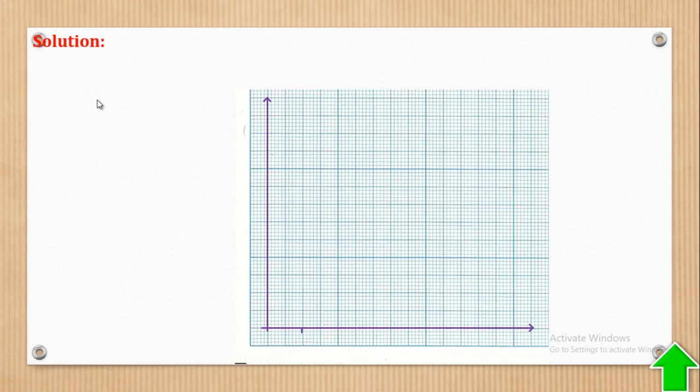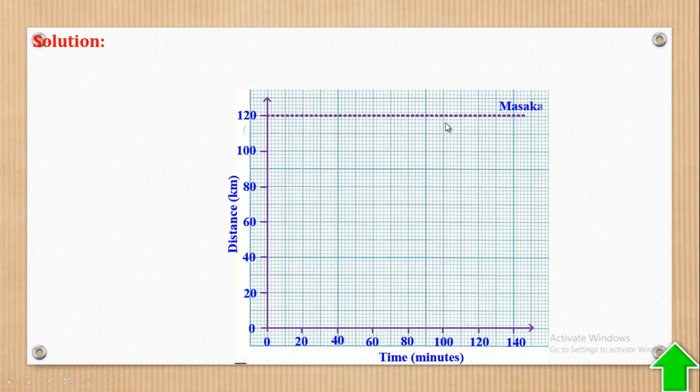Next we have to label, so horizontal we shall label the time in minutes, and we label the axis. Then vertical, we shall put there the values of the distance. Remember it was 120, so we have to go up to 120, and that will be the distance in kilometers. So this is the point of Masaka.